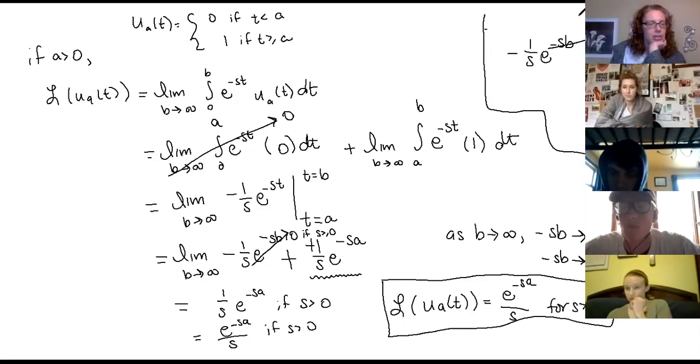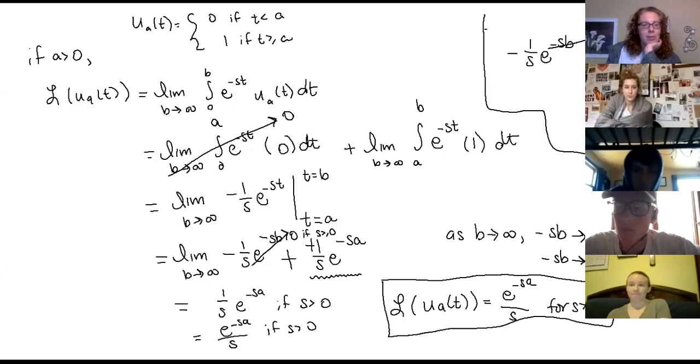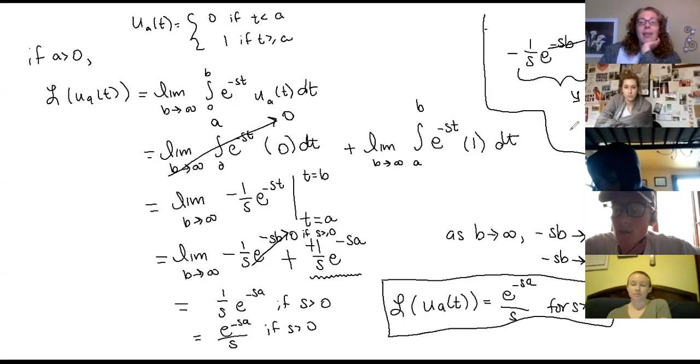What happens to e as you are going to positive infinity with an exponent? Thinking about the graph, this whole thing goes to infinity, positive or negative, I don't really care which.